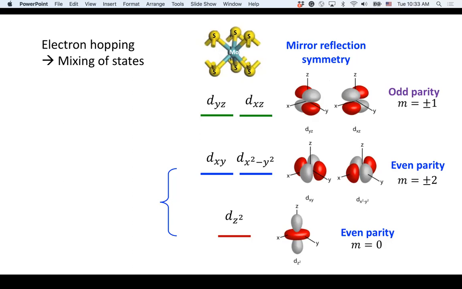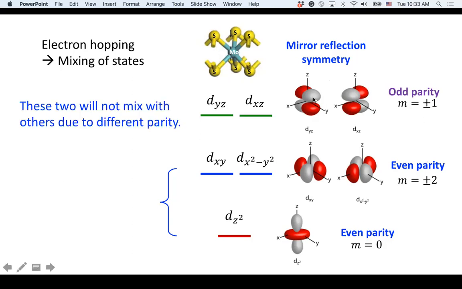So this one, with odd parity, will not mix with the others, because the other two sets have even parity. But these two will mix together because they have the same parity. Because the effect you apply on it has the mirror symmetry, different parities won't mix together. Is that okay?